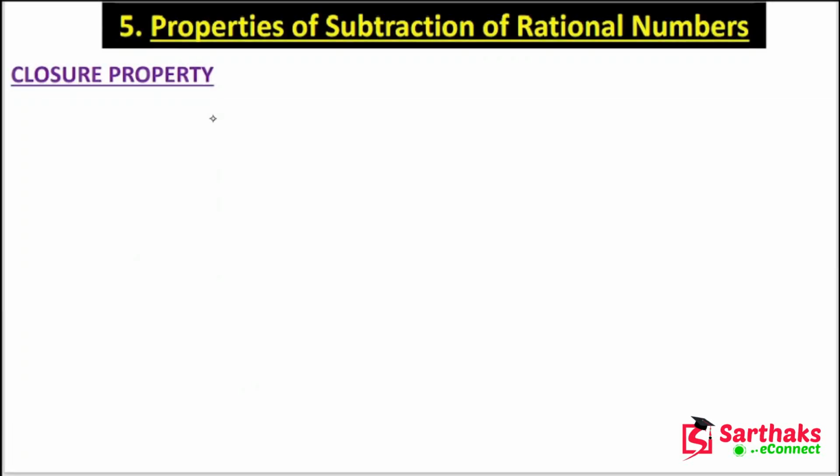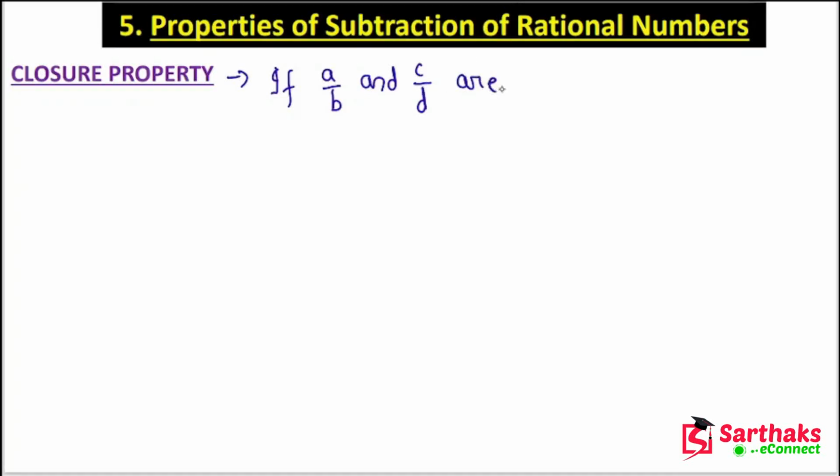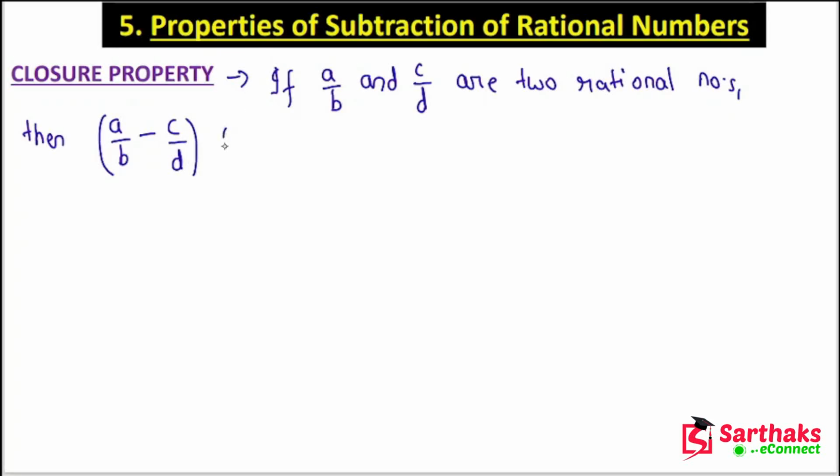So the first one is closure property. Now what this property says is that if A upon B and C upon D are two rational numbers, then A upon B minus C upon D, that is subtraction of these two numbers, will also be a rational number.